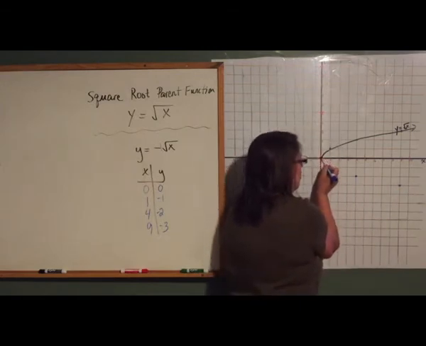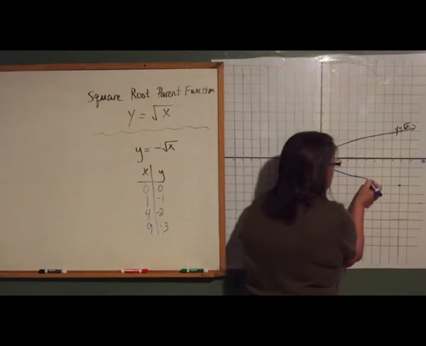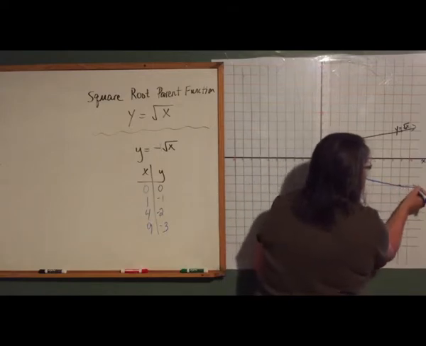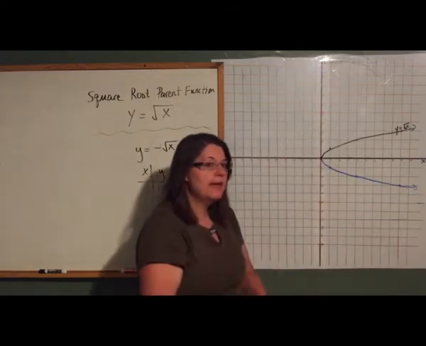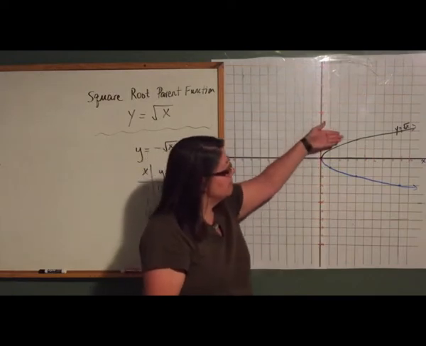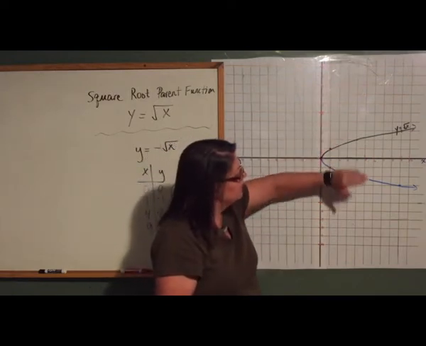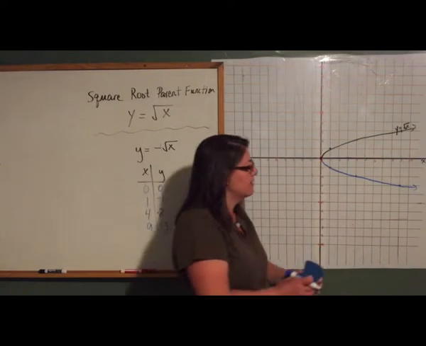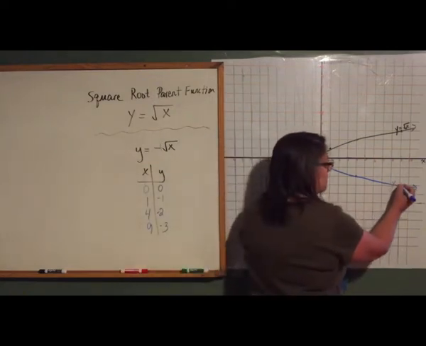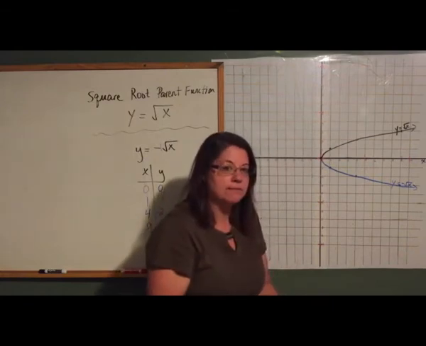If I draw my graph, it looks something like that. And just like before, putting that -1 in front does take that parent function and flip it across that x-axis like we would expect. So that's y equals negative square root of x.